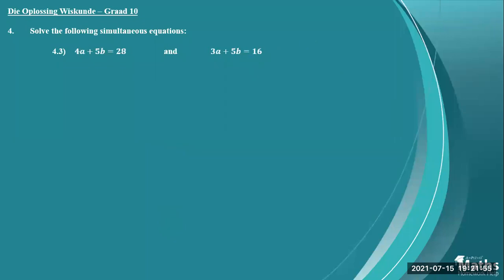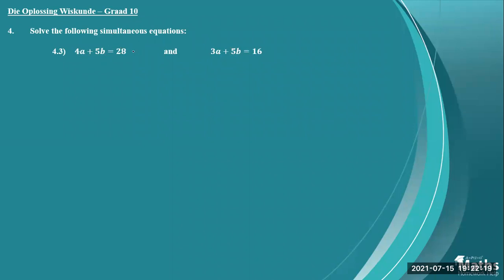Let's look at this one. I have a 4a here and a 3a in the second equation. And there's a 5b and a 5b already. So that's going to help me, so I don't have to multiply anything. I can just immediately subtract.